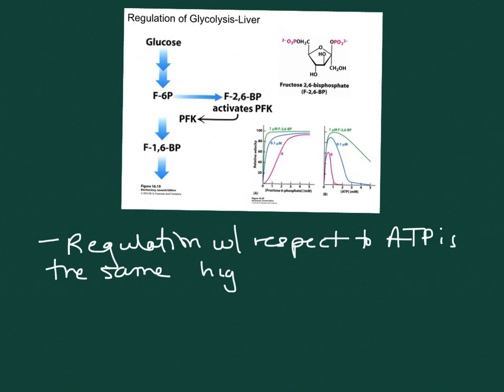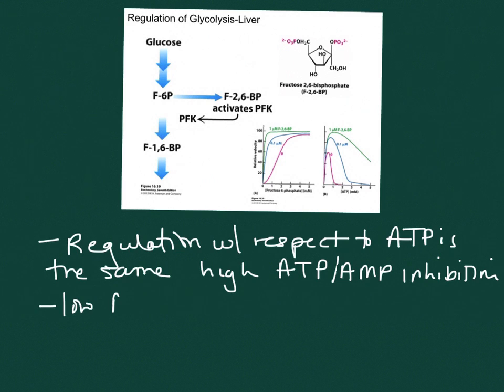If we have high ATP to AMP, we have inhibition, and if we have low ATP to AMP, we have activation.